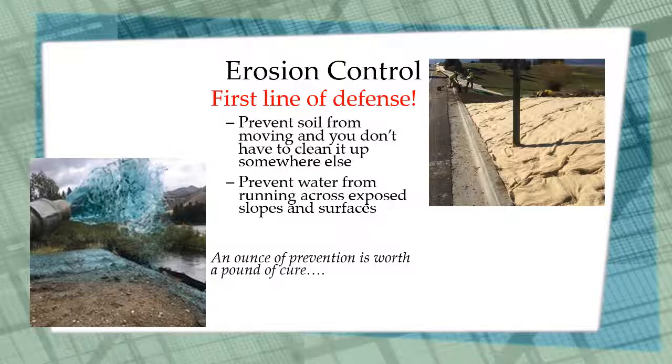If we can keep soil from moving in the first place, then we don't have to clean it up someplace else. Our goal is to prevent water from running across our exposed slopes and surfaces as much as possible, and to try and keep soil in place. If we don't have erosion, then we don't have to clean up sediment someplace else. This is a case of an ounce of prevention being worth a pound of cure.